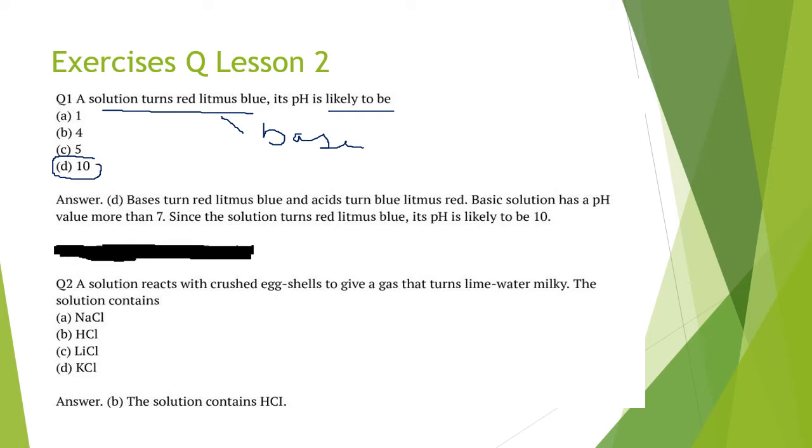Question number 2. A solution reacts with crushed eggshell to give a gas, and that gas turns lime water milky. Dear children, the eggshell is made up of calcium carbonate.